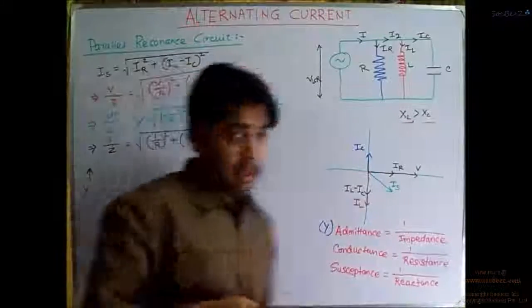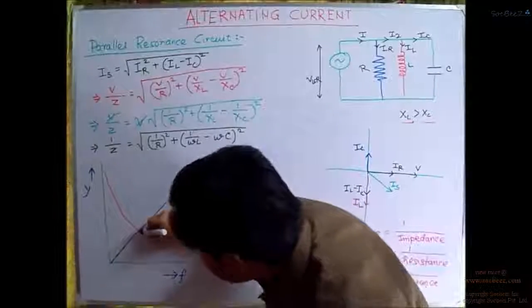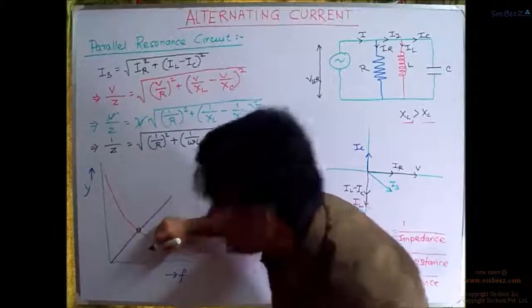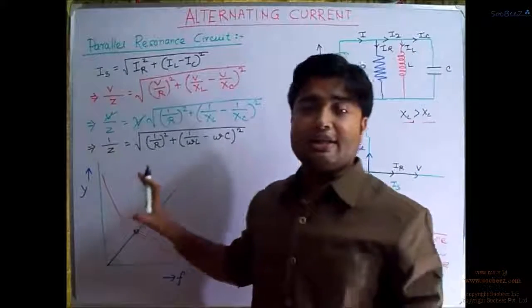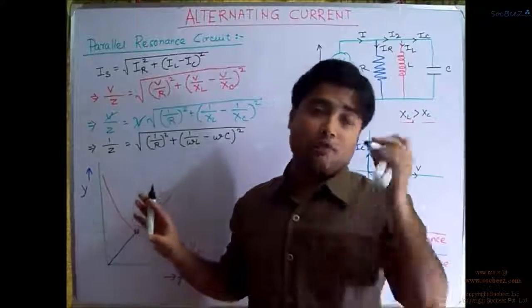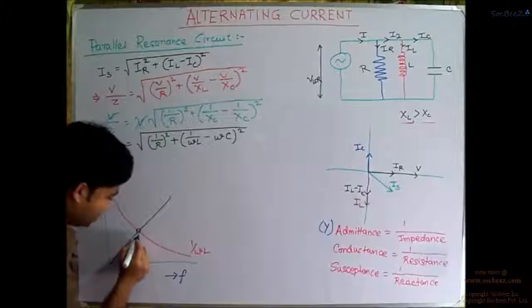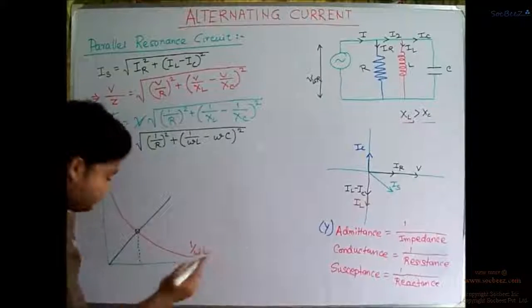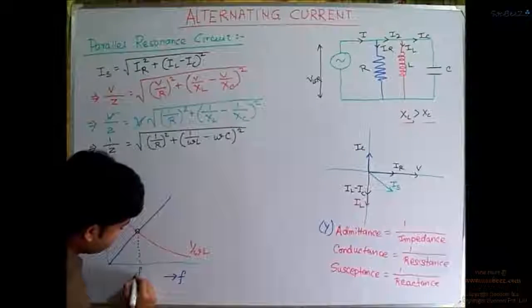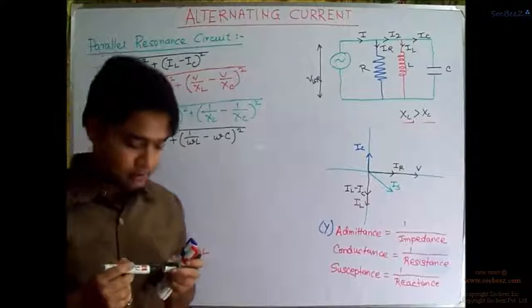So obviously, over here we have a particular point for which the susceptance of the inductor is cancelling out the susceptance of the capacitor and vice versa. So if we put a projection on this x-axis over the frequency, we will find that this is actually FR, or the resonant frequency.